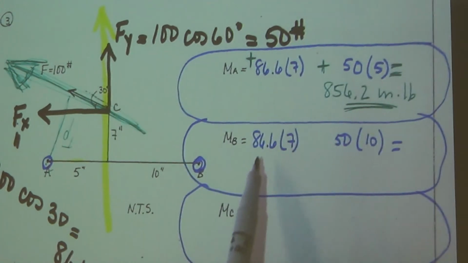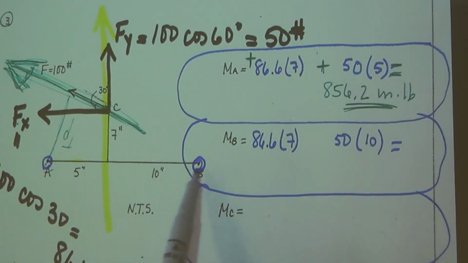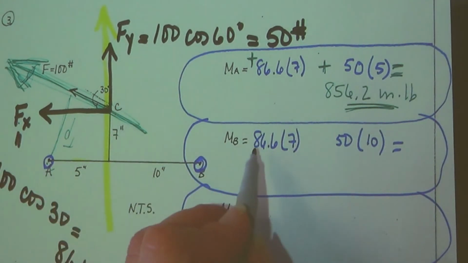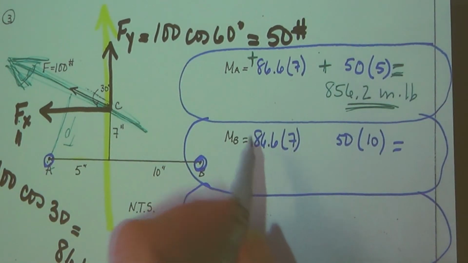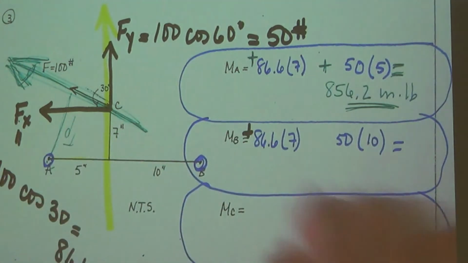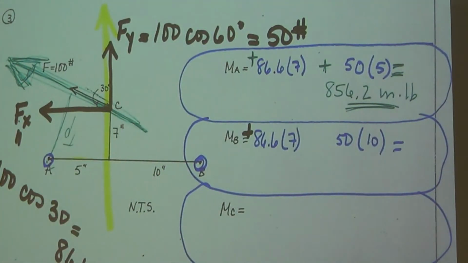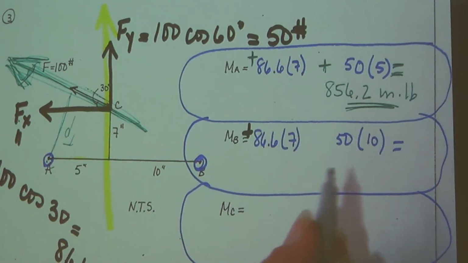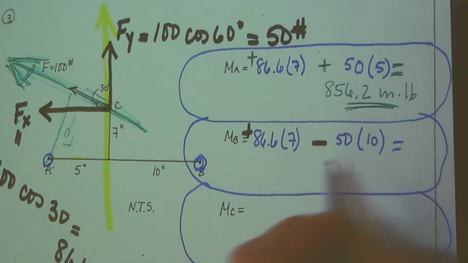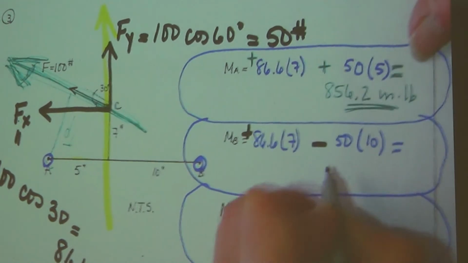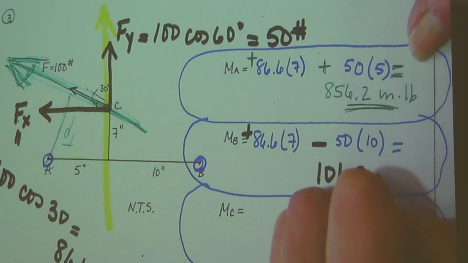For the 86.6, does Fx create a positive or negative moment? Positive. How about Fy? Fingers in the direction of force, palm towards the point, positive or negative? Negative. And the answer comes out to be 106.2 inch-pound.